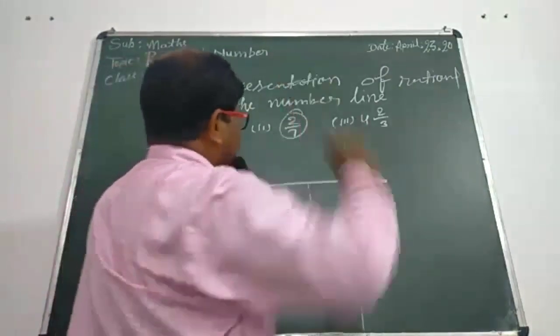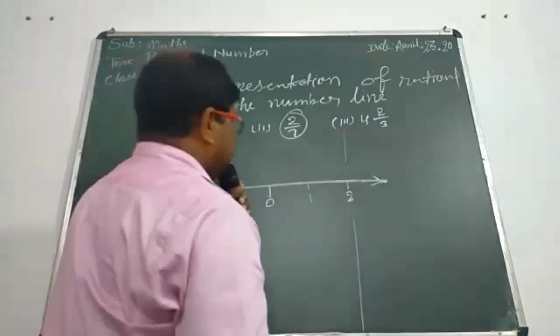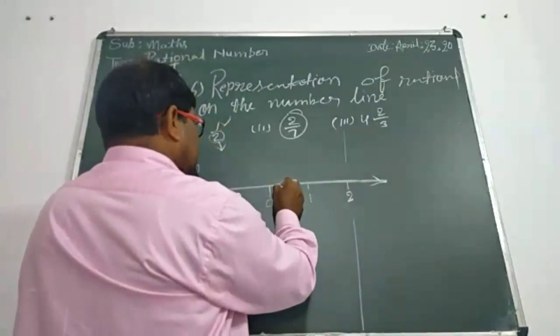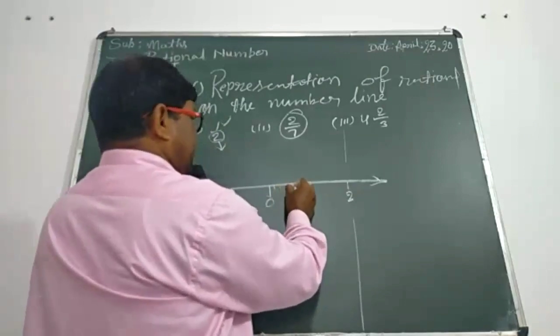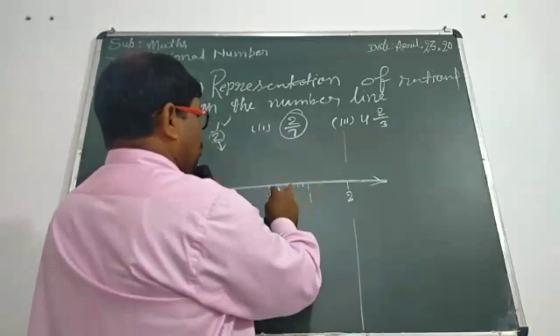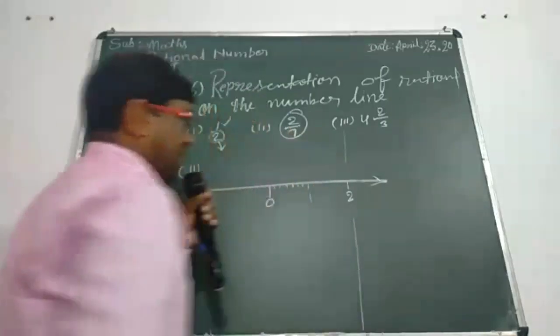denominator is 7. So, divide one part into 7 subparts. 1, 2, 3, 4, 5, 6. 1, 2, 3, 4, 5, 6, 7.